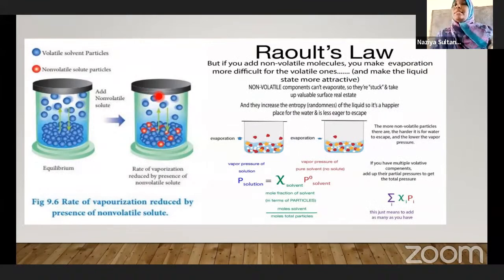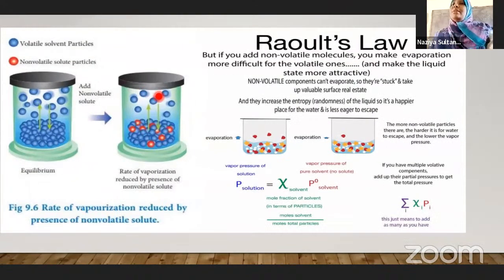The decrease in the vapor pressure of the solution is well explained by Raoult. He has given a statement, and that is what is called Raoult's law. So what does it say?